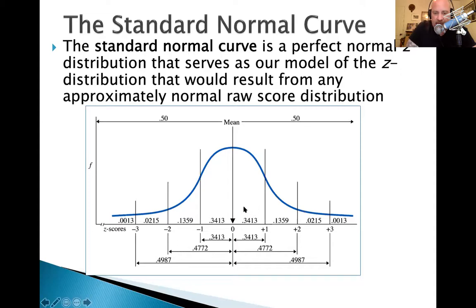And then we could say that's between 0 and +1. Because it's symmetrical, it's going to be the same number if we go the other way. So if we go from 0 to -1, so one standard deviation below the mean, this is the same amount of space. It's just on the left side of the mean as compared to the right. So the number is going to be the same, 0.3413 proportion of scores, or roughly 34% of the scores.